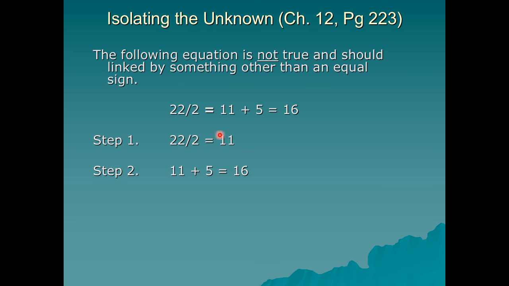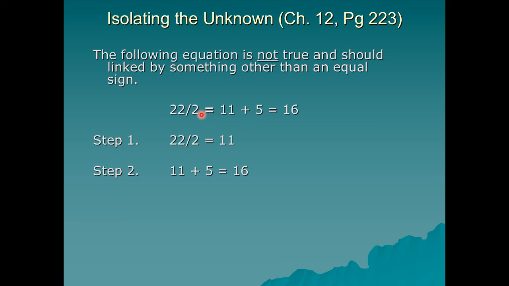So let's say the following equation is not true because of this. Let's say you have 22 by 2, which is actually 11, but we are also adding 5 here, which is not true, because if you are putting an equal sign, you have to make sure that both sides are equal. The right side is actually 16 and the left side is actually 11, right?